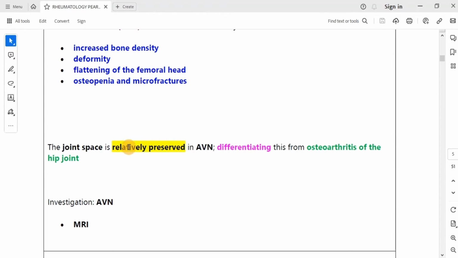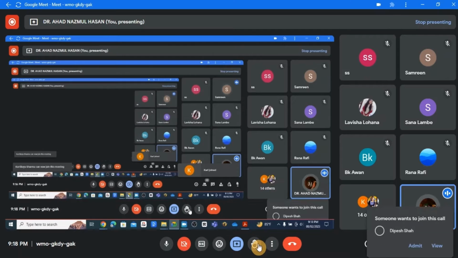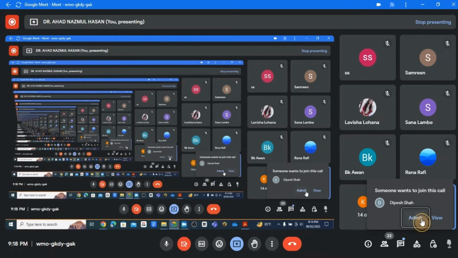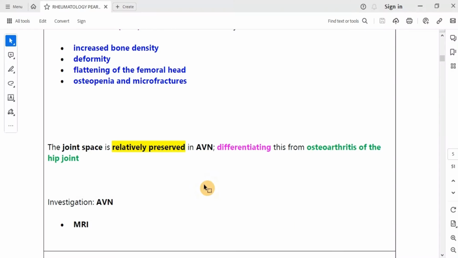The joint space is relatively preserved in avascular necrosis, differentiating this from osteoarthritis of the hip joint. Usually, osteoarthritis is the only rheumatological condition where the joint space is reduced. In almost all other cases, whether this is gout or rheumatoid arthritis, the joint space would remain intact or preserved.